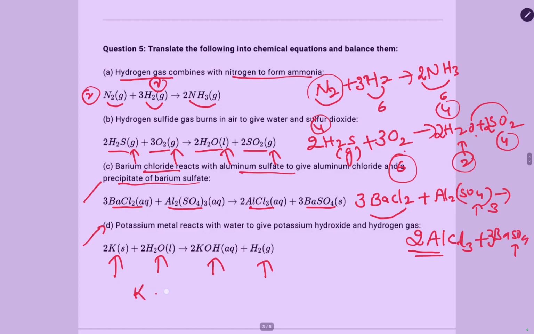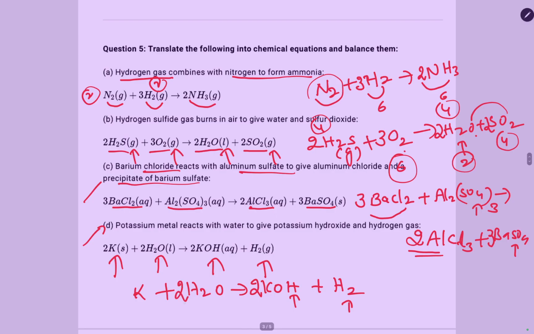So once we write K plus H2O gives rise to KOH plus H2, now we need to balance this equation. Hydrogens: 2 here, oxygen 1 on this side, and here 1 hydrogen and 2 hydrogens are there. So we need to balance that one. If I multiply with 2, 2 plus 2, 4 hydrogens. So here also I multiply with 2.